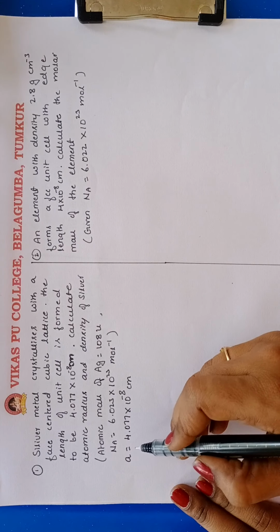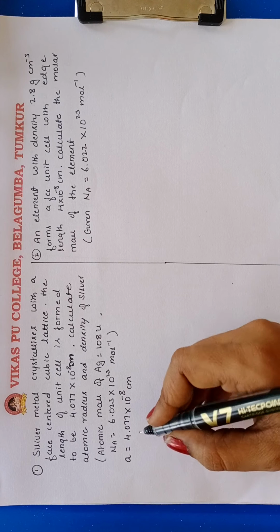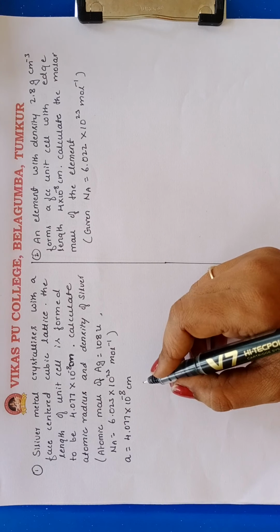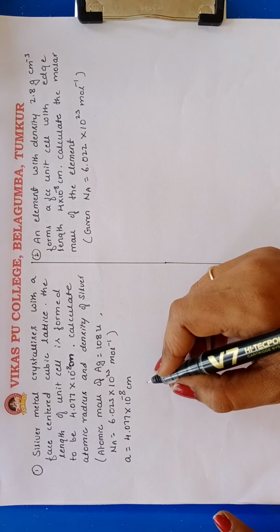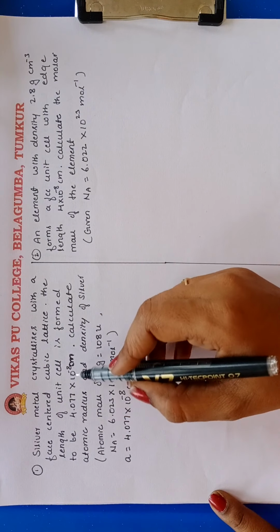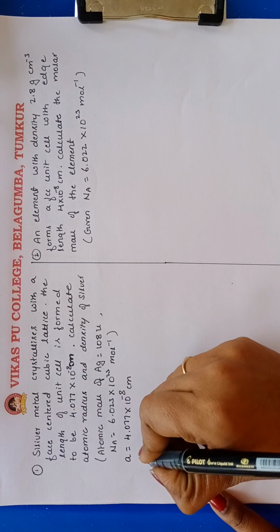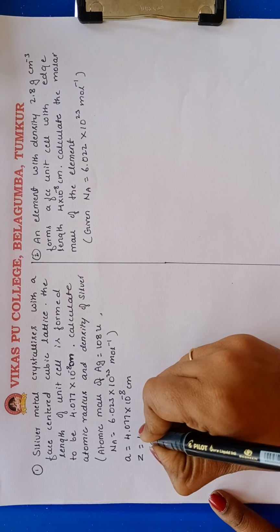The edge length given is A = 4.077 × 10^-8 cm. For FCC, the number of atoms Z is 4.